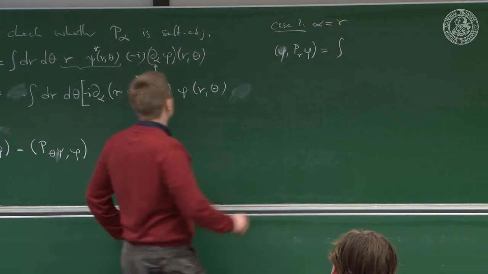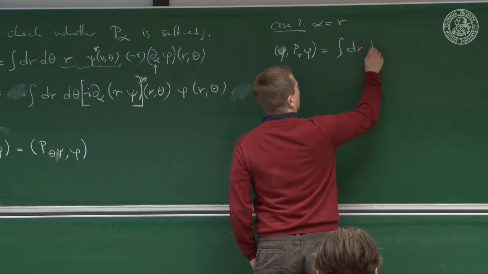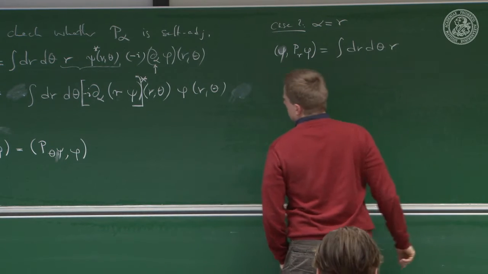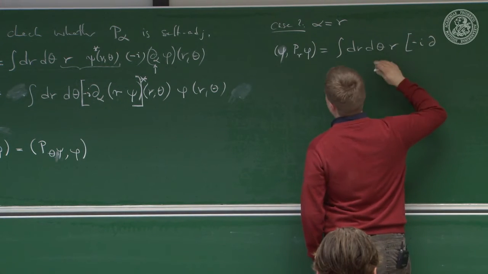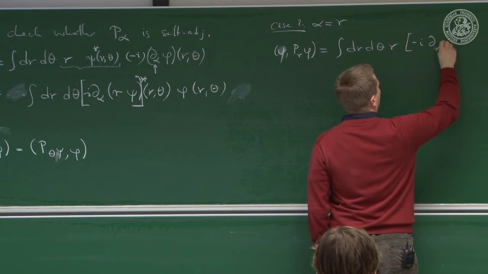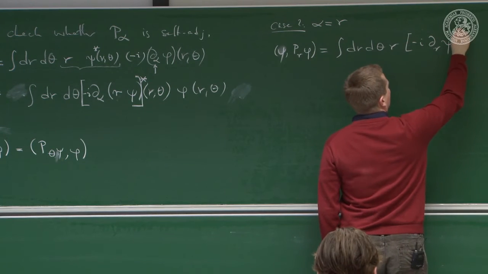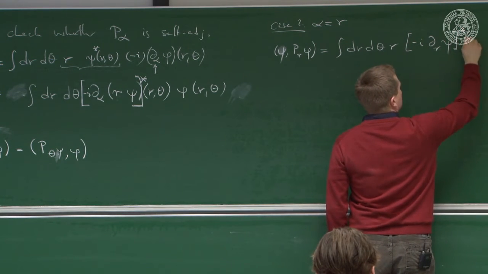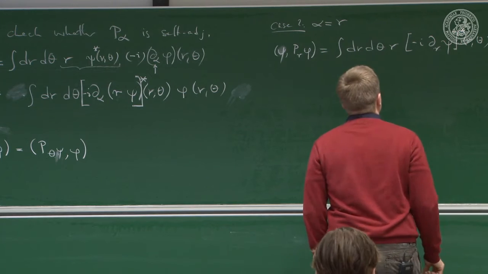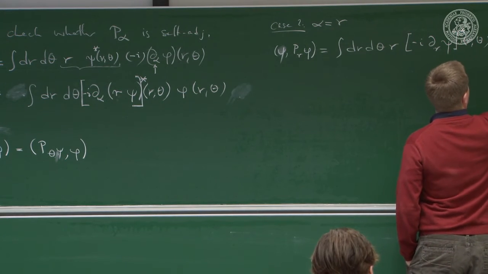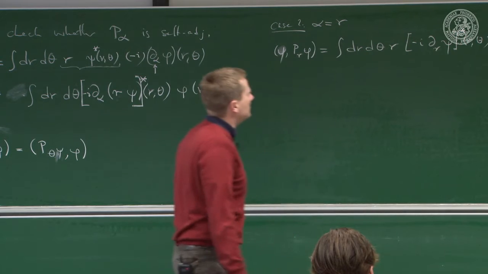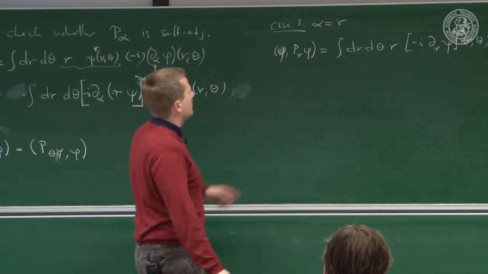So using the product rule, I have dr d theta r, so I do not act on the r. Then I have minus i del r acting on psi, the whole thing being starred and the function of r and theta, and phi of r and theta. So that's good. So that's exactly what we want.